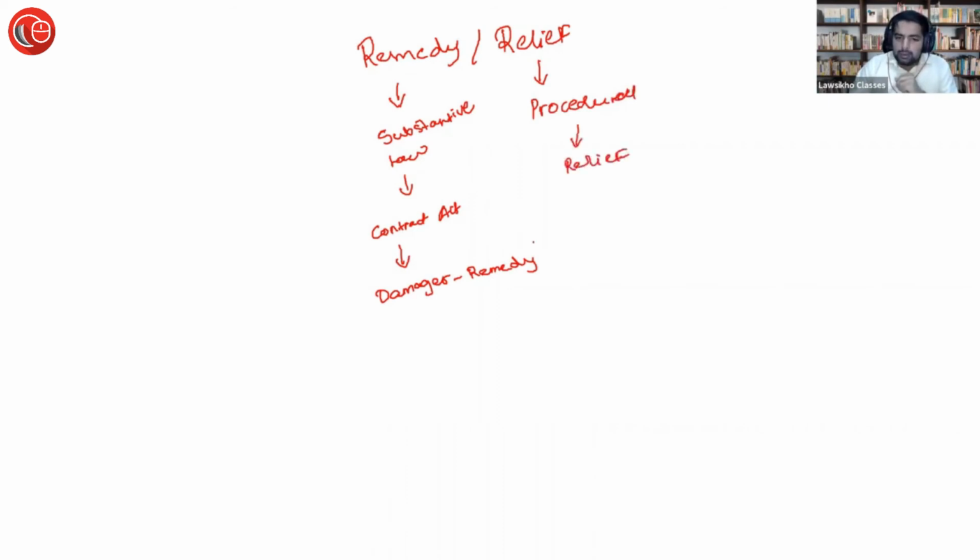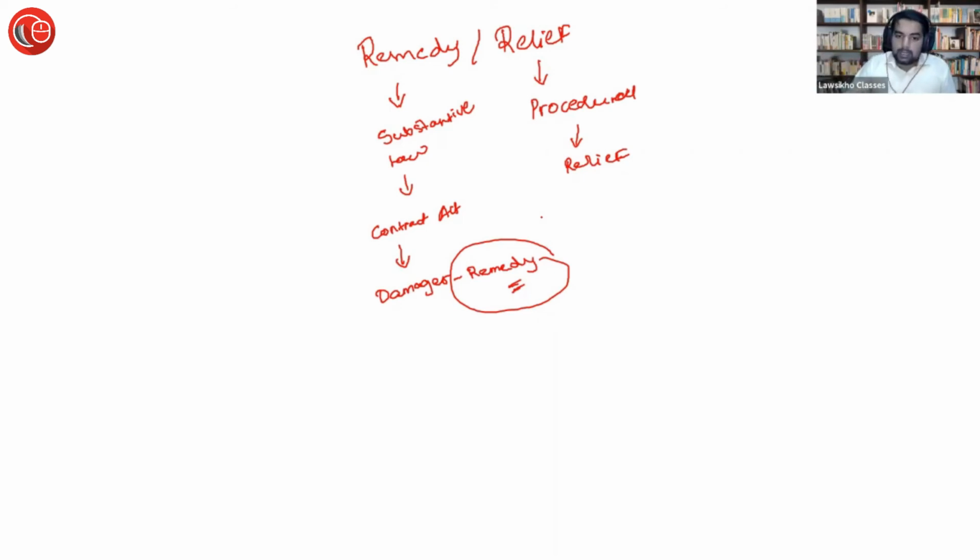ठीक है? So when it is stated in substantive law that in case of violation, मतलब एक सब्सटैंटिव लॉ जब हम बनाते हैं, हम ये बोलते हैं कि अगर ये वायलेट हो गया तो ये रेमेडी होगी.